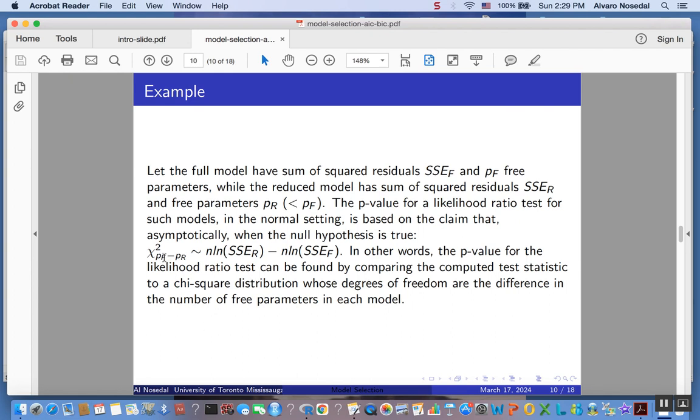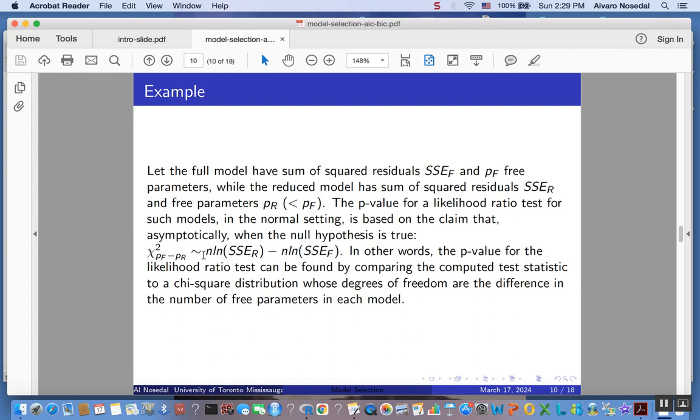Well, the degrees of freedom will be given by the difference PF minus PR, where PF represents the number of parameters for the full model, the more complicated model, and PR stands for the number of parameters in the reduced model. The sum of squares for the error for the reduced model goes here, and the sum of squares for the error for the full model goes here.